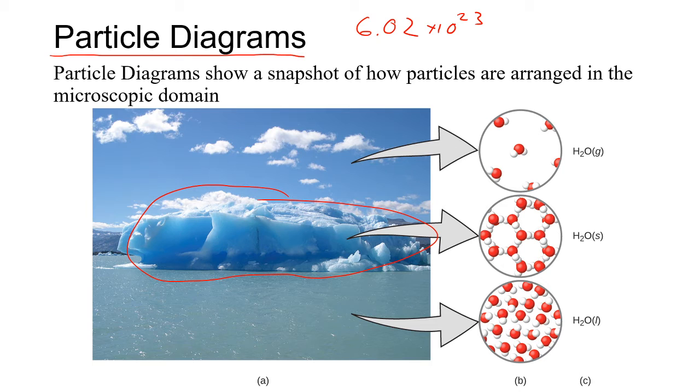So what chemists do is, in what's called the microscopic domain, which is essentially where all chemistry occurs, right? It's these little tiny atoms and molecules behaving differently to make macroscopic changes that you can see. So often we'll try and draw them on a very small scale. Now we know that in the air around this particular glacier, if we look at water vapor, again, why is it water vapor?